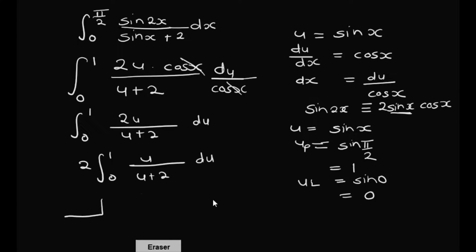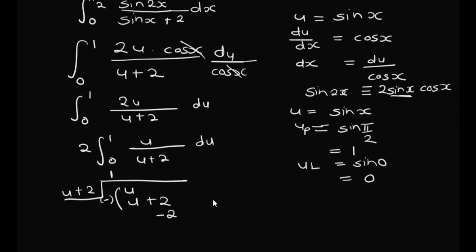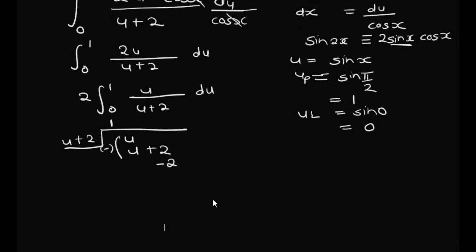U into u, we get a 1. 1 multiplied by u gives u, 1 multiplied by 2 gives plus 2, and then we subtract. U minus u is 0, 0 minus 2 gives minus 2. So minus 2 is the remainder.